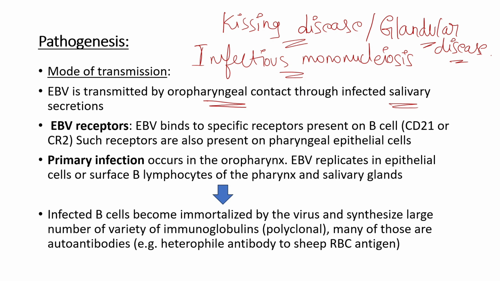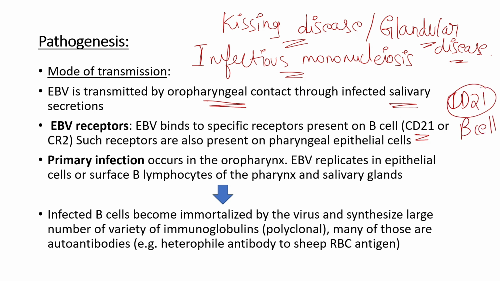Since the mode of transmission is through oropharyngeal contact, the virus enters into the mouth. Initially the virus enters the mouth and binds to the specific receptors present on the B cells and pharyngeal epithelial cells, that is CD21. So CD21 receptor of B cell and pharyngeal epithelial cell.